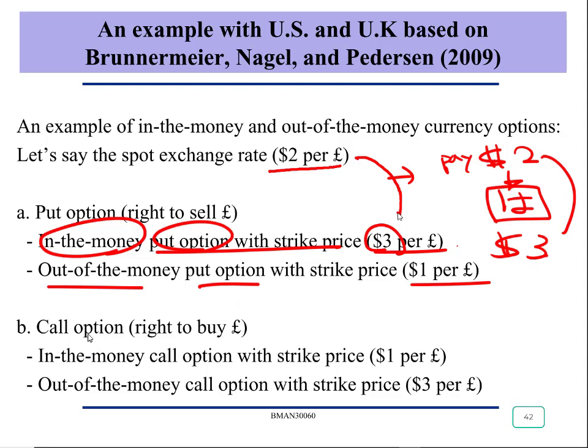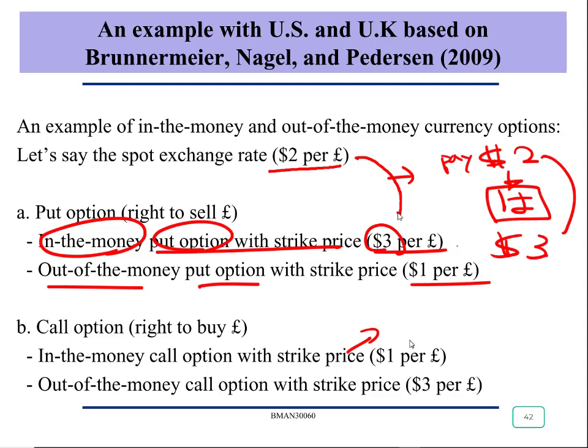And we can think about the same in the money and out of the money options in terms of call options. What is the call option? It gives you the right to buy pounds at a certain price. And we can think about a call option with strike price $1 per pound. This means you can buy 1 pound by paying $1.